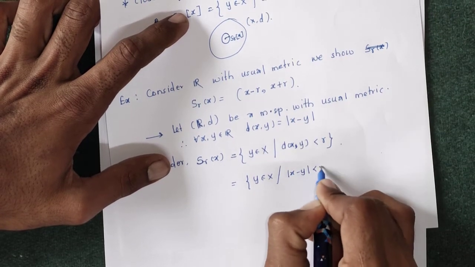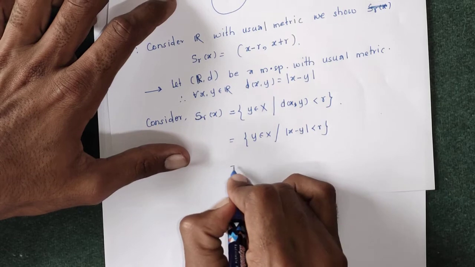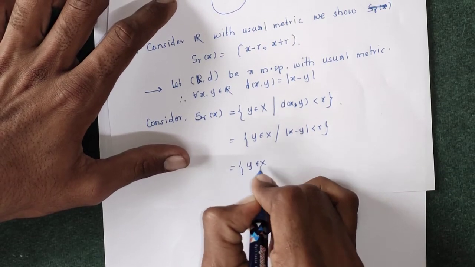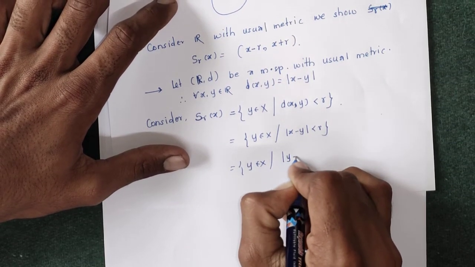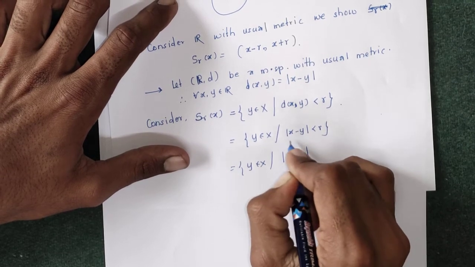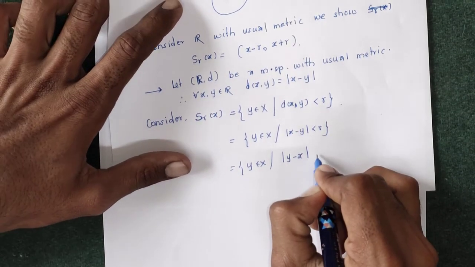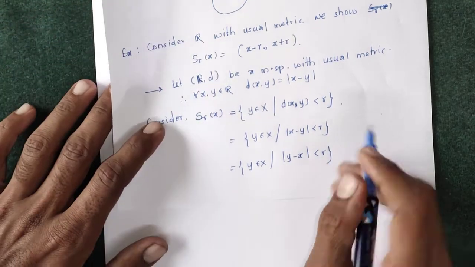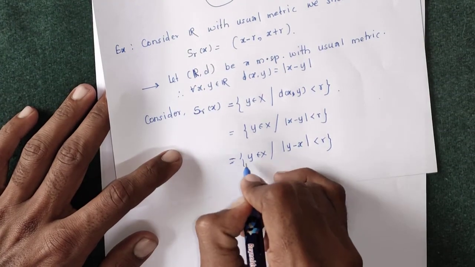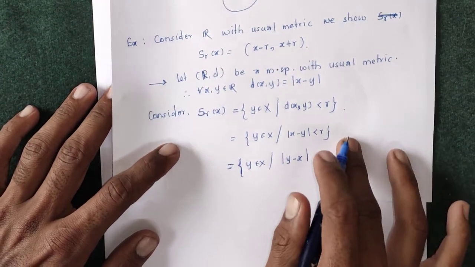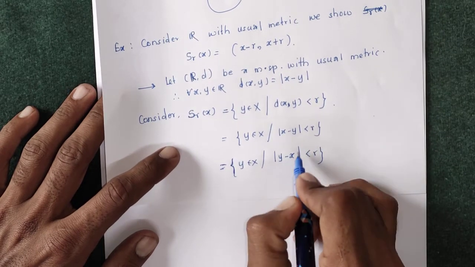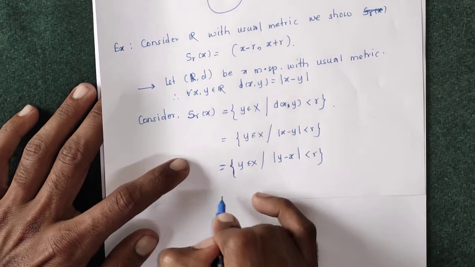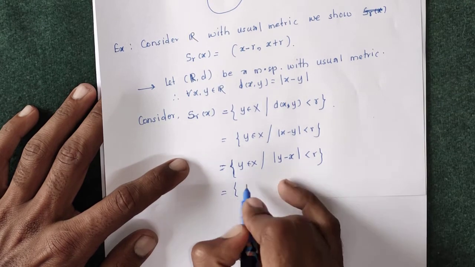In the modulus we know that mod a minus b equals mod b minus a; if we interchange these numbers inside the modulus, there is no change. Now {y belongs to X such that mod y minus x less than r}. Mod a less than c is the formula that we have seen at the T.Y.B.Sc level.